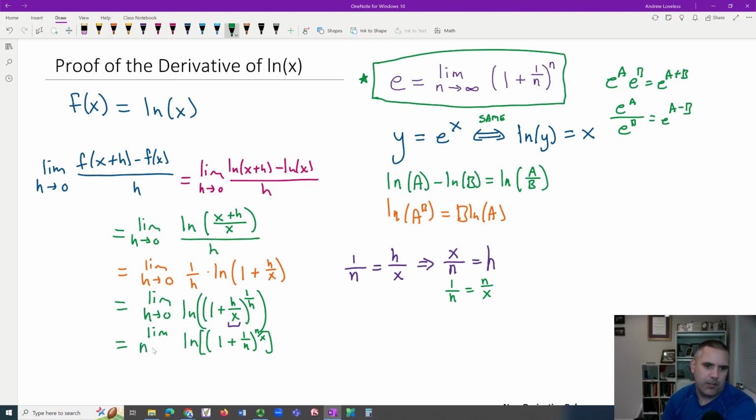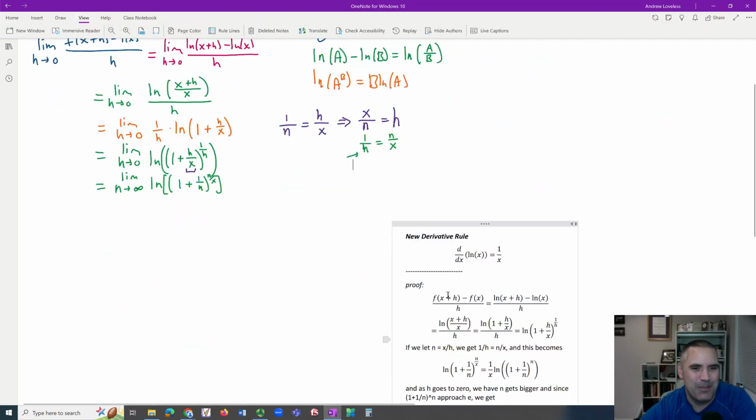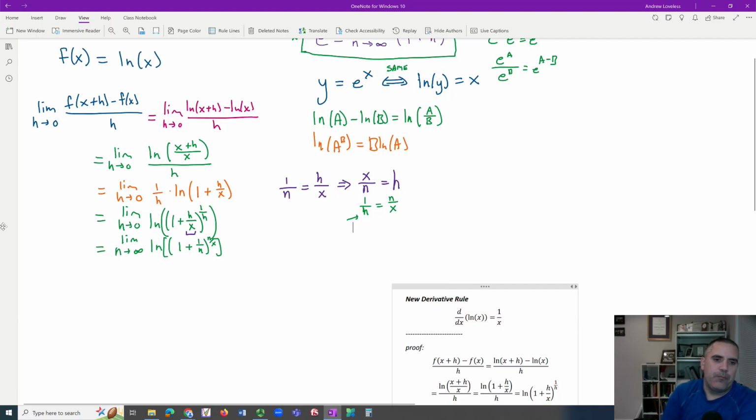Well, n would have to go to infinity. You can also see that here, if n is going to 0 from the right, this goes to infinity. So some subtle little pieces I probably should have talked about in more detail there. But anyways, at this point, we have it.